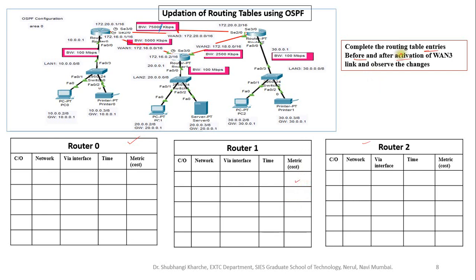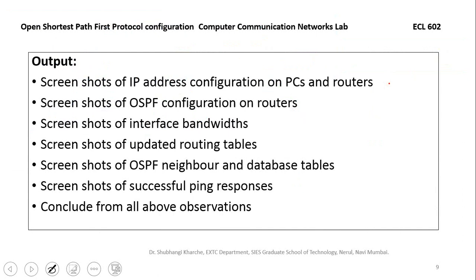Now as an output, you can include all these screenshots, and after including the outputs, you have to analyze all the outputs and draw some conclusions from all the observations.